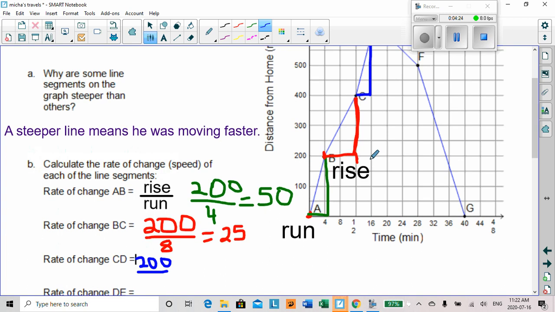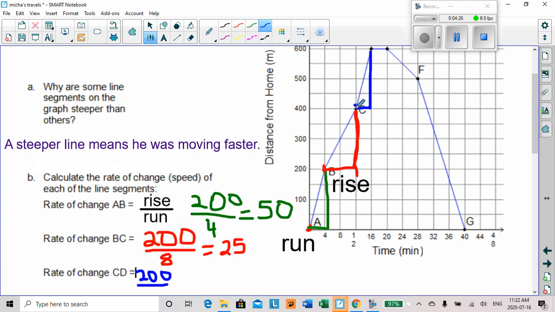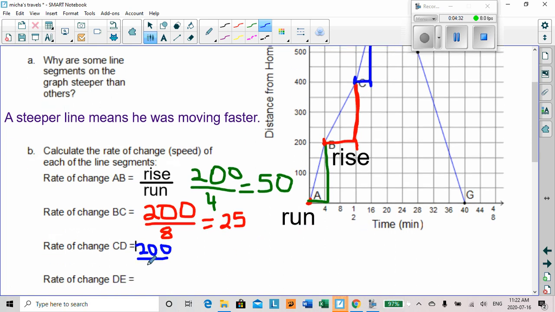And the run is 1 square, and on my graph, 1 square is 4 minutes. We already calculated 200 divided by 4, and that is 50 meters per minute.